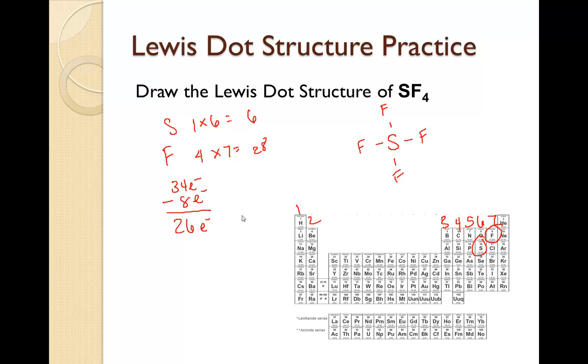We have 1 bond, we need 2 electrons here, so we need 6 more. There's an octet there, octet there, octet there, and finally an octet here. 2, 4, 6, 8, 10, 12, 14, 16, 18, 20, 22, 24.